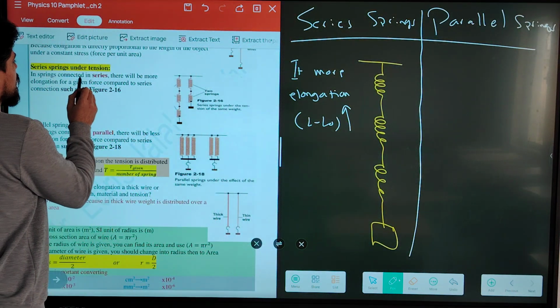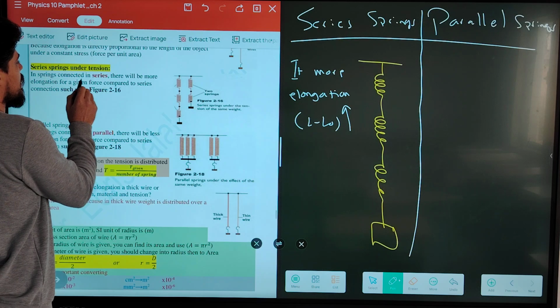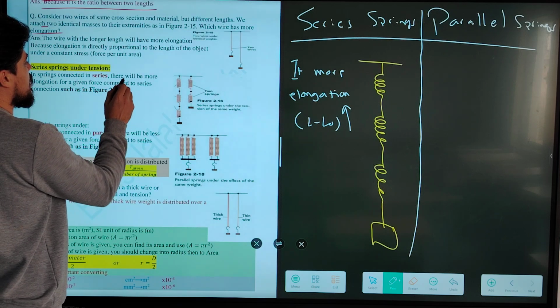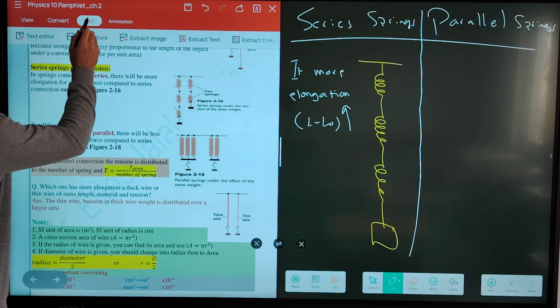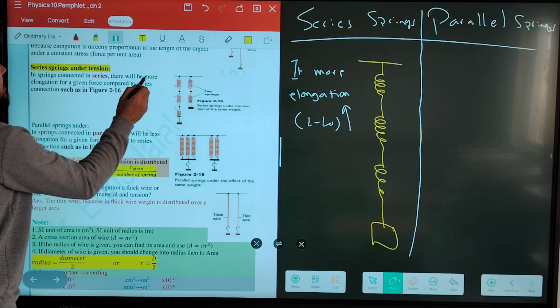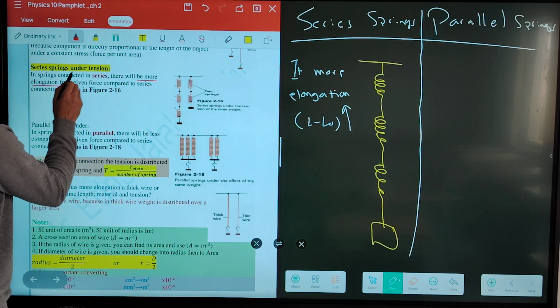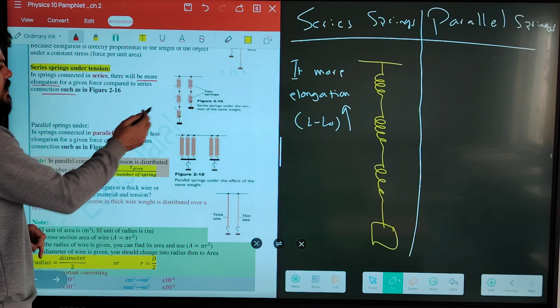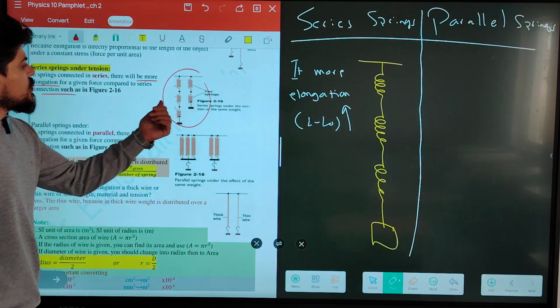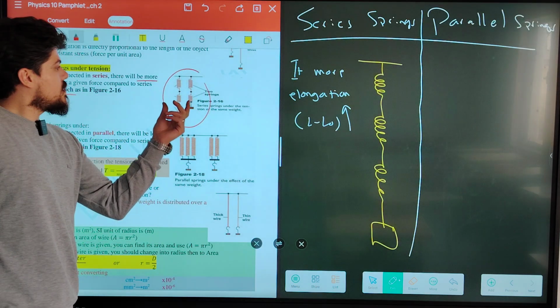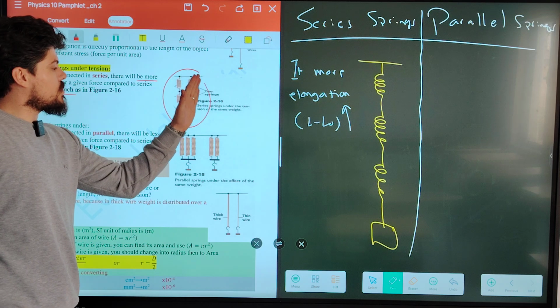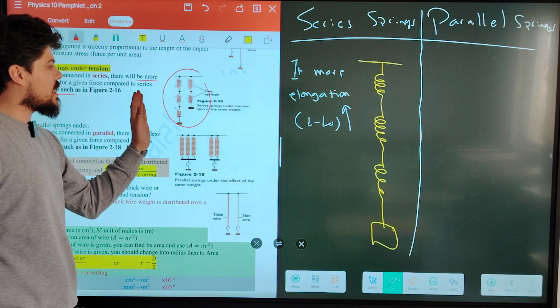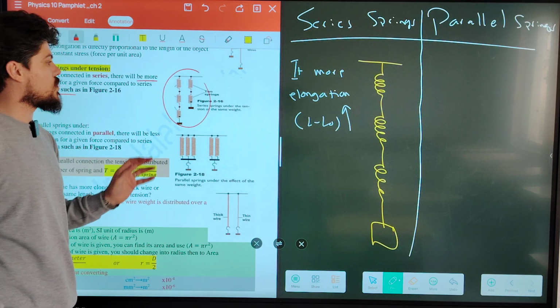In the springs connected in a series, there will be more elongation. Why? For given forces, compared to the series connection, such as the figure here. We have two springs connected in a series connection, and the second one, three springs connected in a series connection.